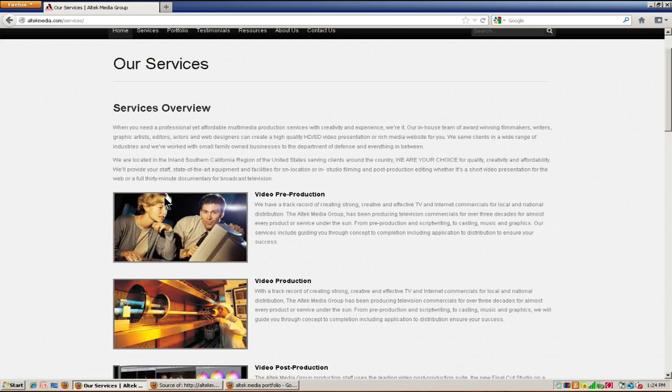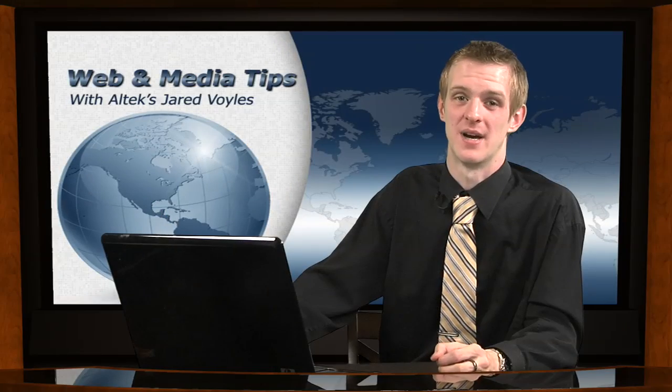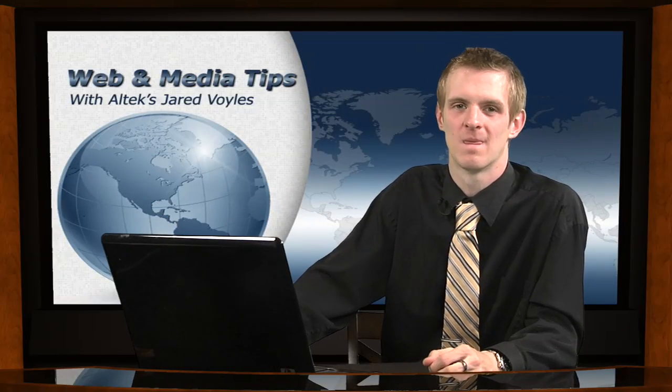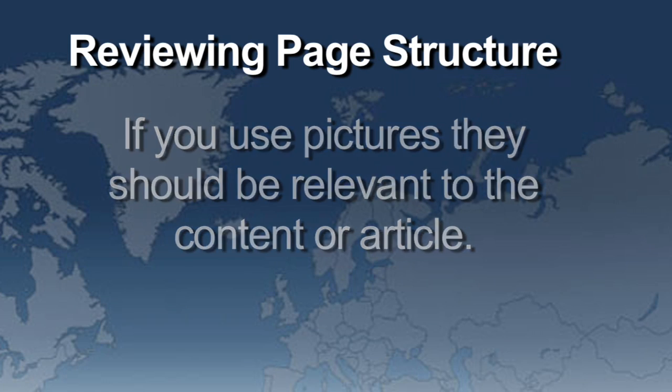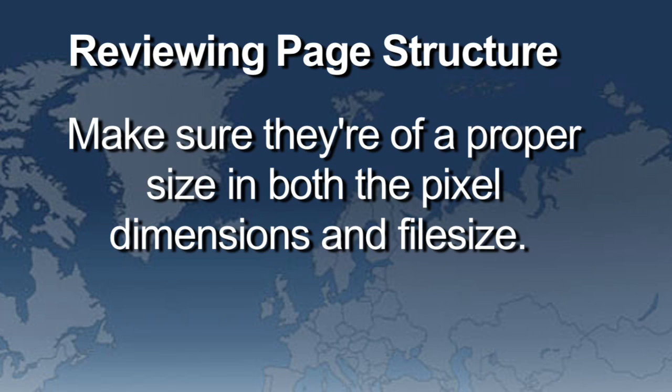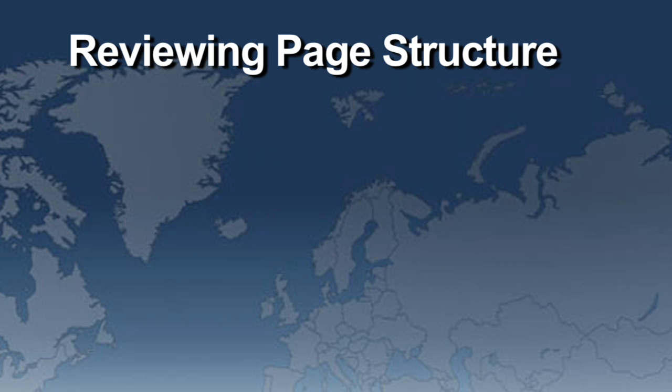The additional elements I mentioned earlier, in this case images, are good to use to make your site more appealing, but there are certain criteria specifically for images when optimizing your site. One, break your text up with relevant pictures. Don't just add pictures for the sake of adding pictures. Two, make sure they're of a proper size in both pixel dimensions and file size.